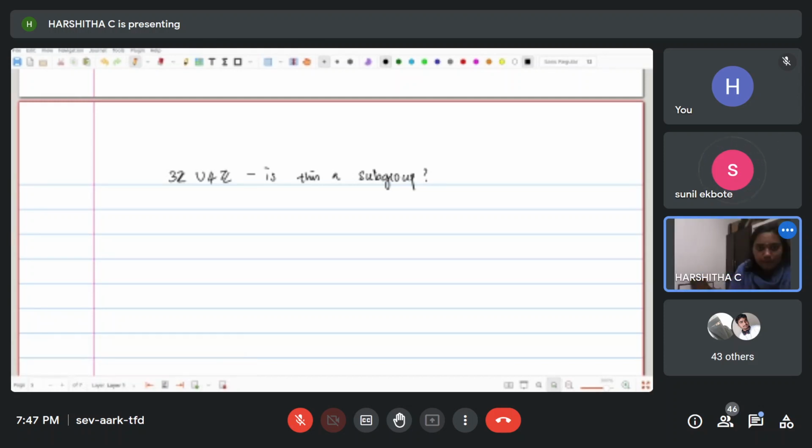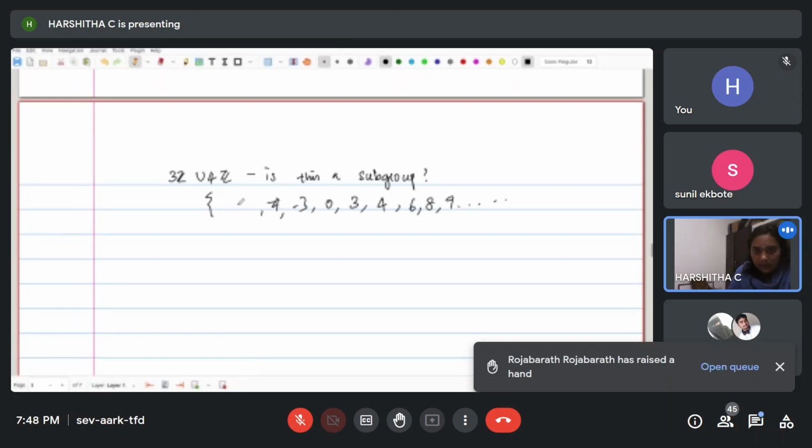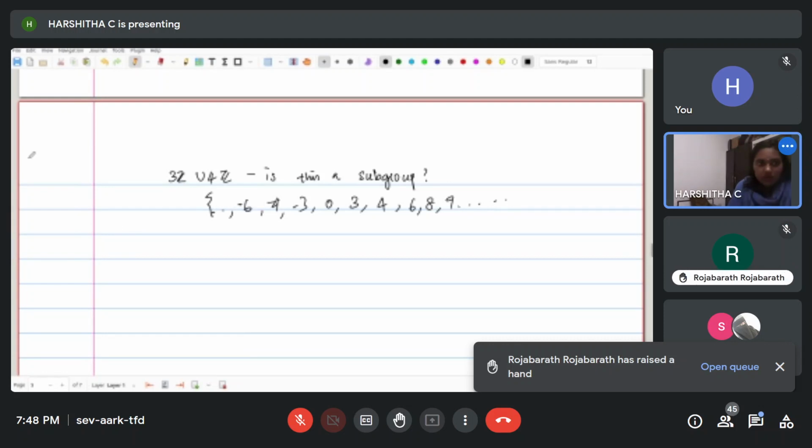What is this 3Z union 4Z? We have 0, all multiples of 3, so 3, and then all multiples of 4 also, so 6, 8, 9, and so on. Here you have minus 3, minus 4, minus 6, and so on.